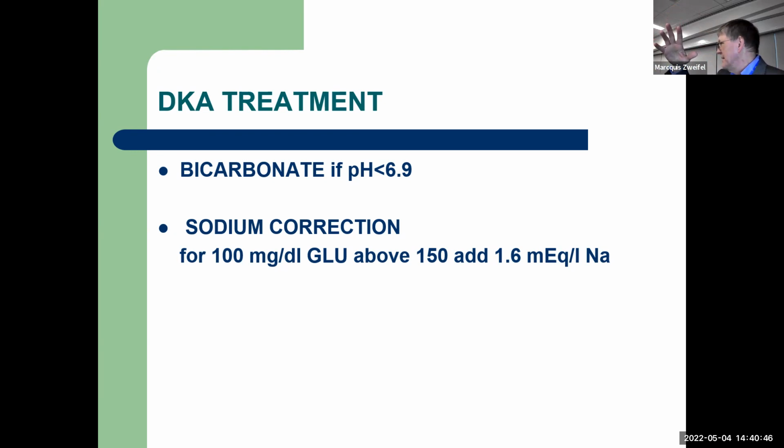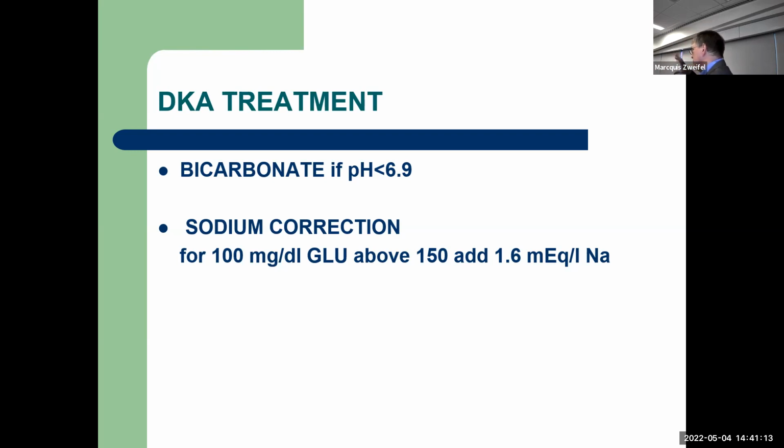You know, if you had somebody who's 1200 and you use 200 as the cutoff, you'd add 16 or subtract 16 from 140 if you want to look at it that way. So you'd expect that to be 124. And so if you have a sodium of 124, it's all from that high glucose of 1200.